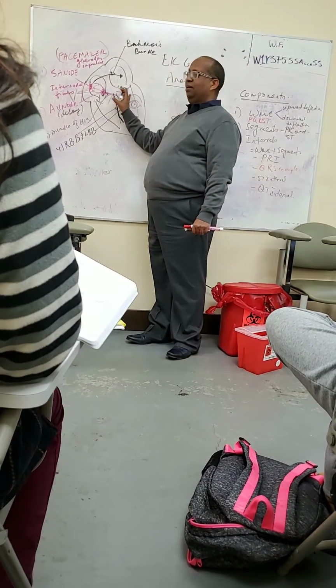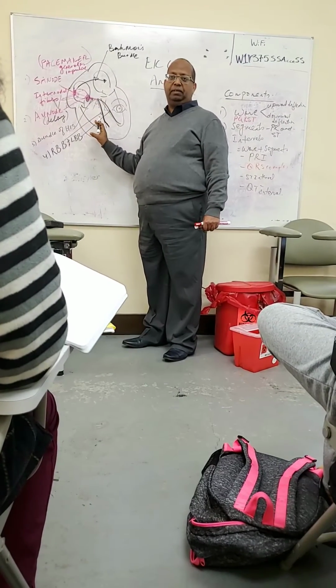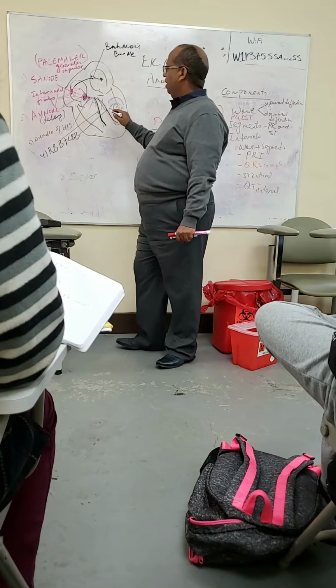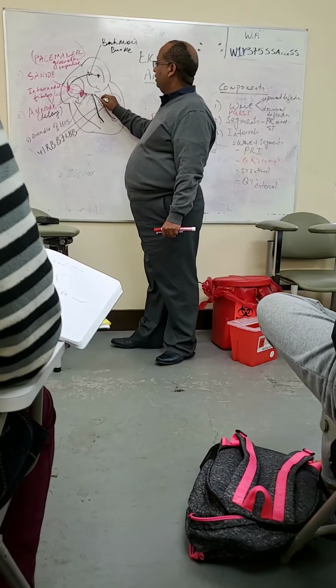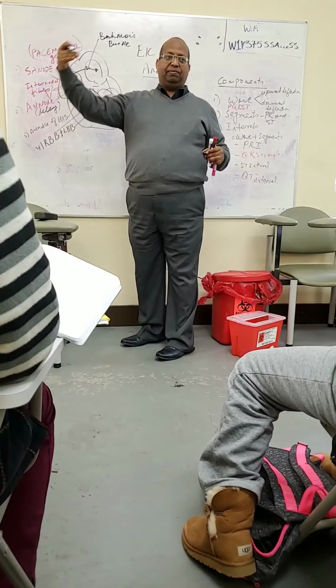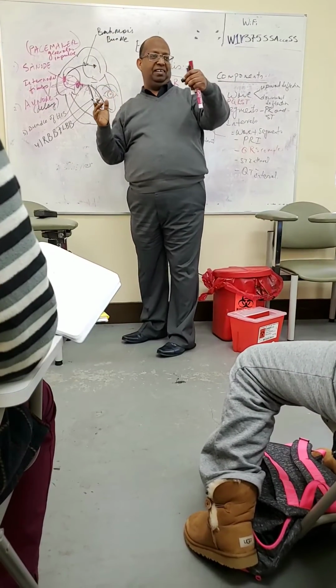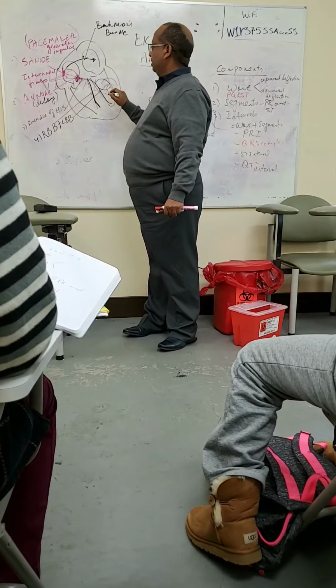Now the ventricles are getting the impulse. Especially the left one has two fascicles: one going at the front and one going at the back. These are called the anterior and posterior fascicles.